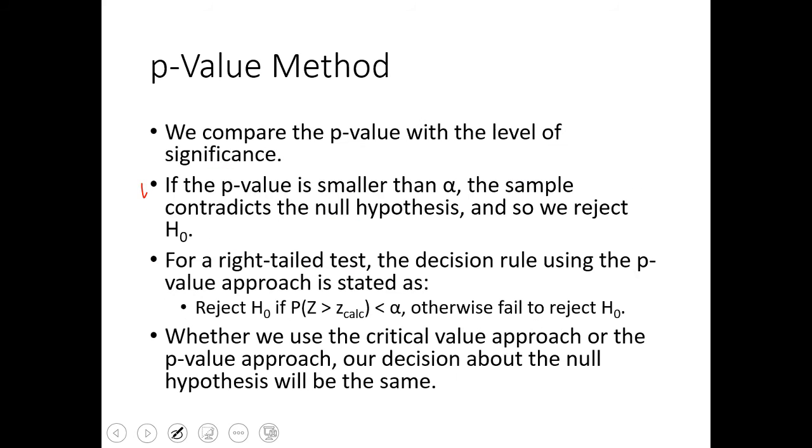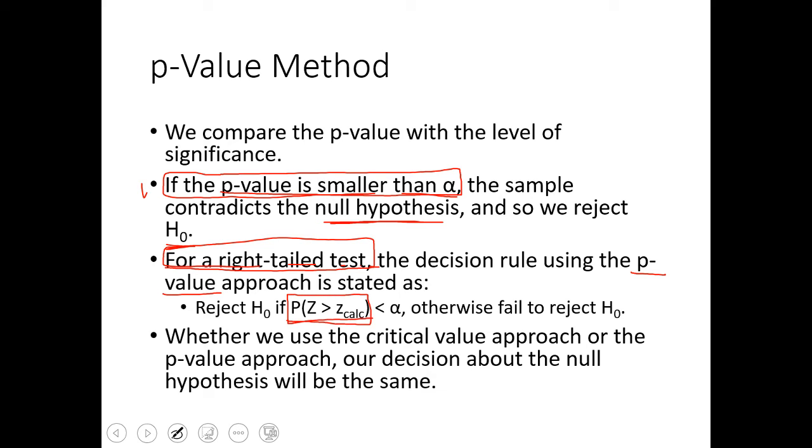Okay. So if this p-value is smaller than alpha, then the null hypothesis is rejected. Okay. So for a right-tailed test, the p-value is calculated by this equation.